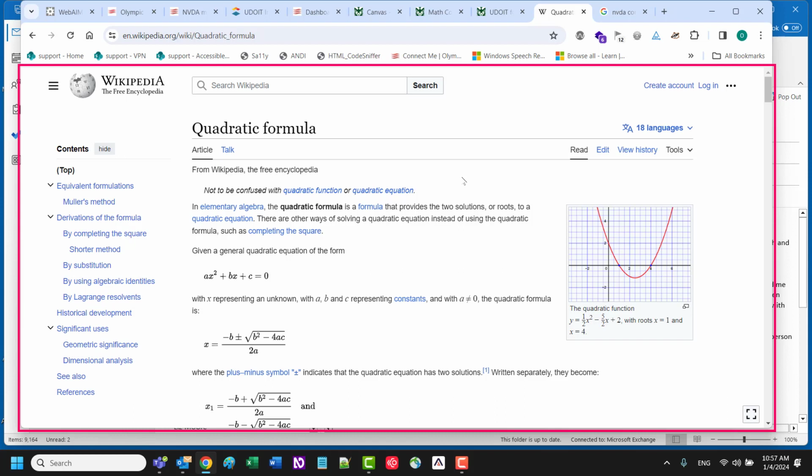And so I think if your user is running into problems with NVDA and trying to read math, if it's set up properly to be able to read MathML, going to a page like this quadratic formula page would be a good test bed for interacting with math and seeing if the screen reader is, first, set up to properly read math.